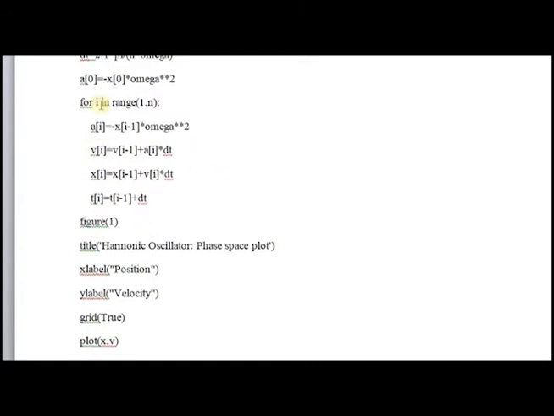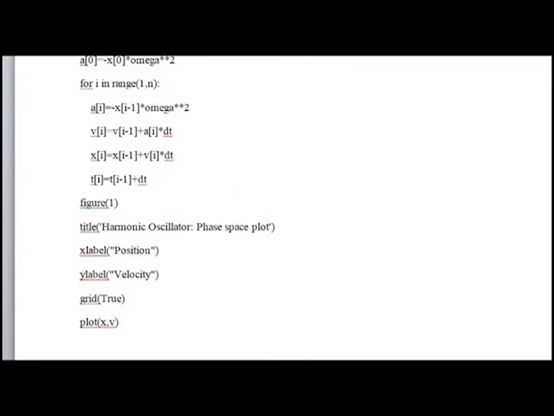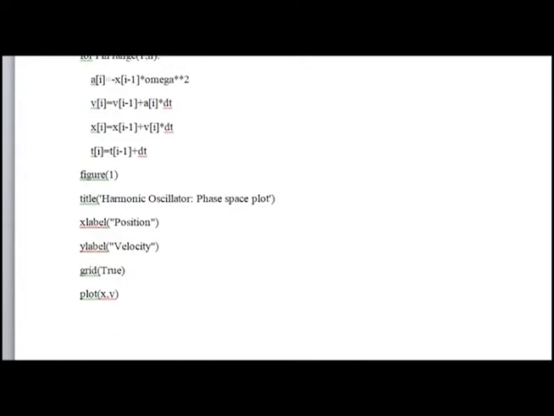Then we'll come out of the loop once the i value reaches 49. Range starts from 1 to 49, and what happens is that we'll get 49 values for acceleration, velocity, displacement and time.